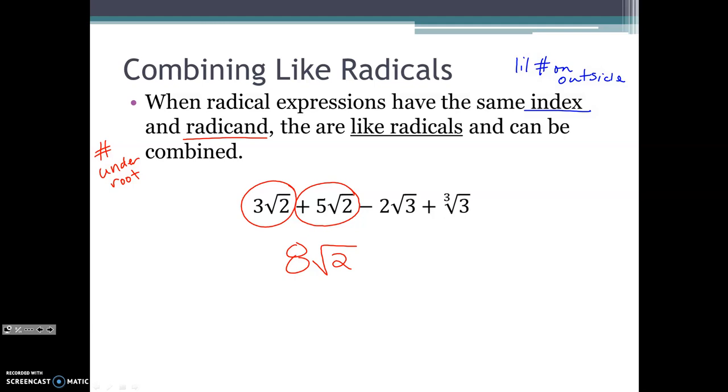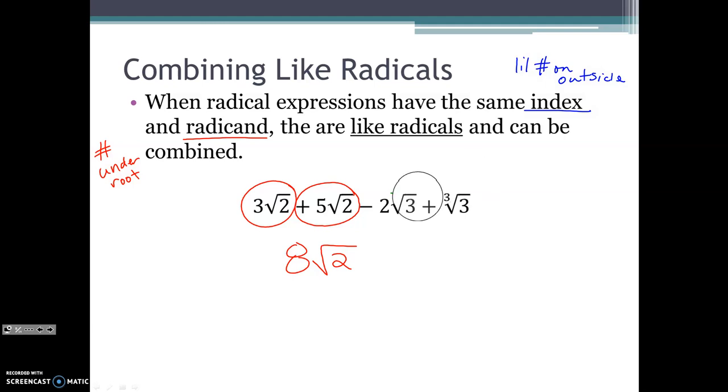Okay? The next one we have is negative 2 square root of 3 plus the cubed root of 3. Can we combine these together? Well, their radicand is the same, but is their index the same? And the answer would be no, because 2 square roots of 3, remember there's technically a little 2 there, is not the same as a cubed root of 3.